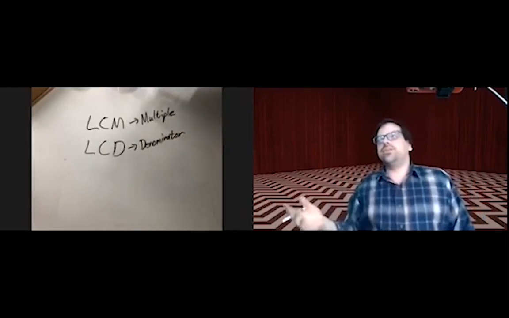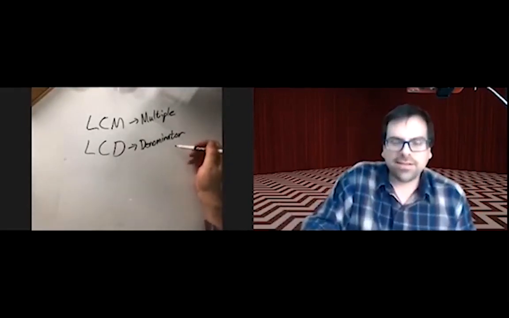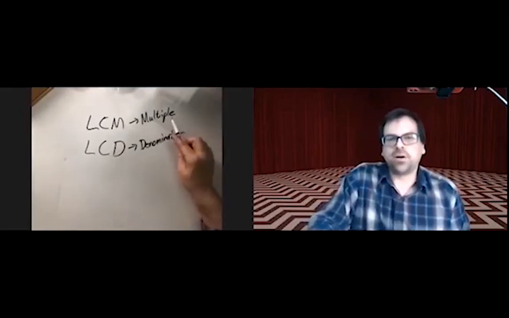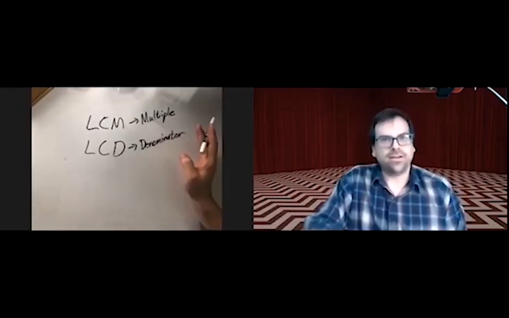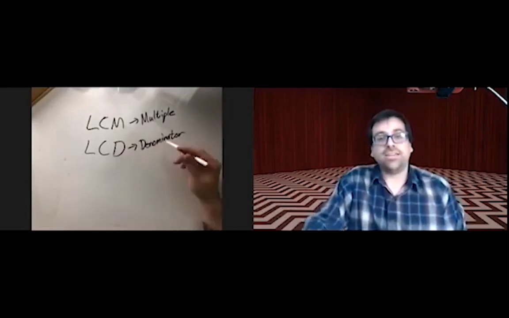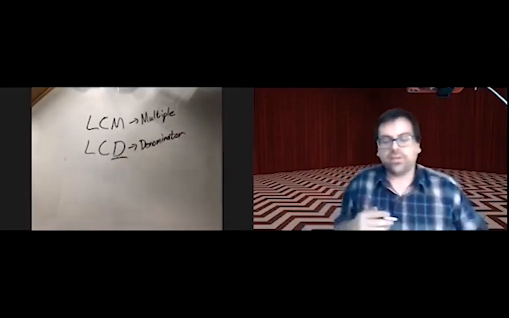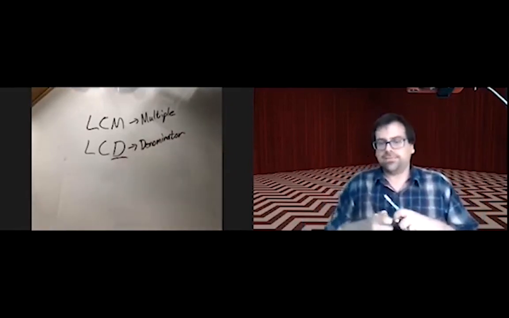And in this case, they're interchangeable because the least common denominator is just the least common multiple of the two denominators. So those two numbers on the bottom, when we're finding the least common multiple of them, we're actually finding something called the least common denominator.